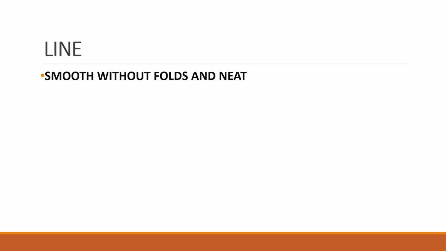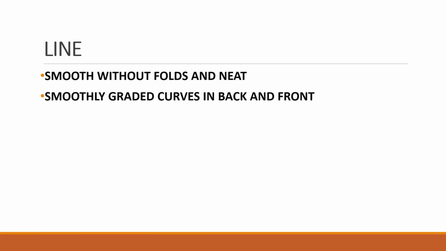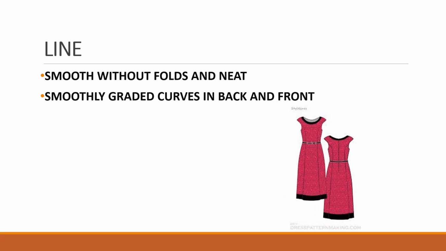Now line, when we are talking, should be smooth without folds and neat. That is an important property. And smoothly graded curves in the back and front area are applicable in the line. All these cater to the good fit property in the garment, and these are the important parameters in the line that we are describing here.